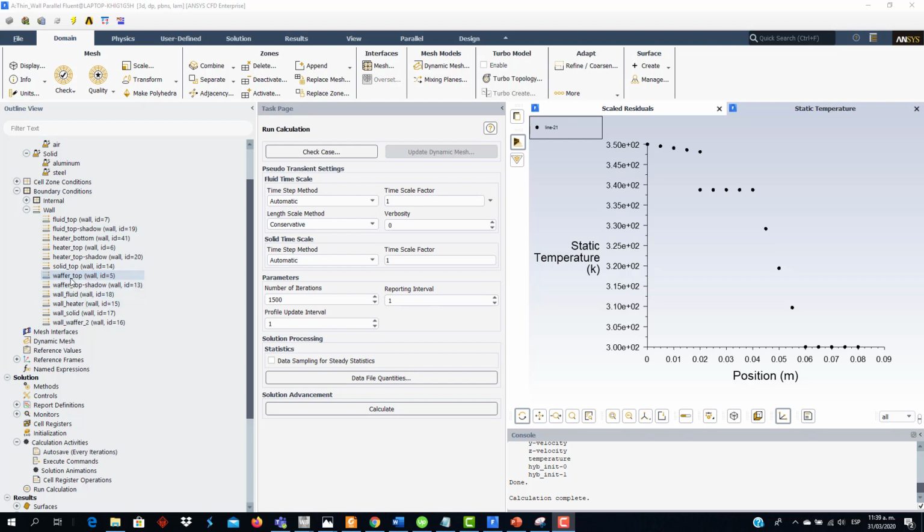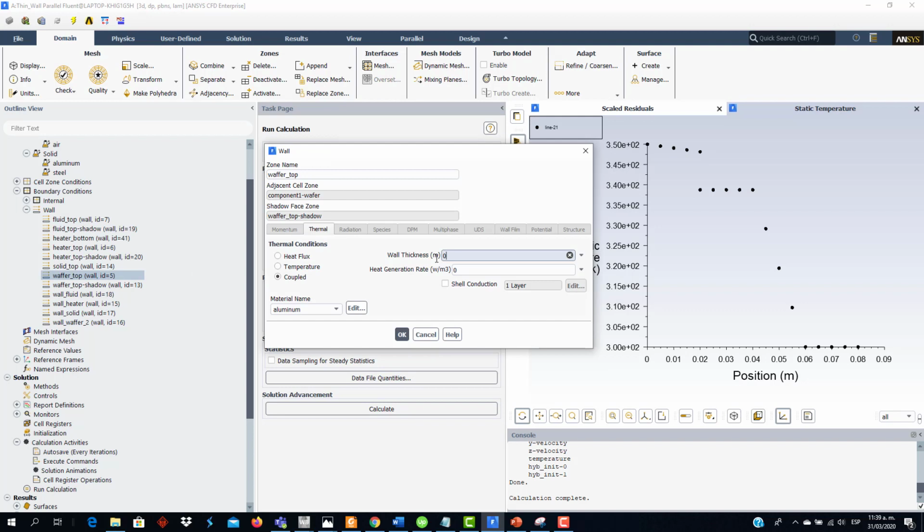For example, let's see the wafer top wall. Then you change this value, and for a value different from 0, you will be considering the thin wall model, and as I showed you before, it has an influence on the heat transfer processes and also on the temperature profile.